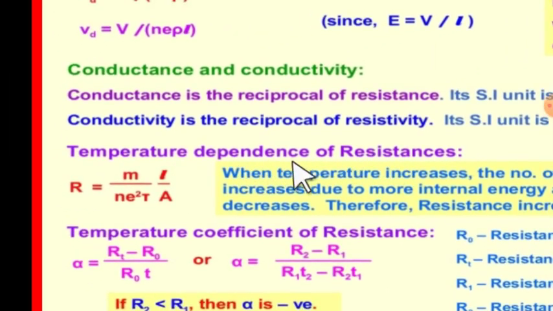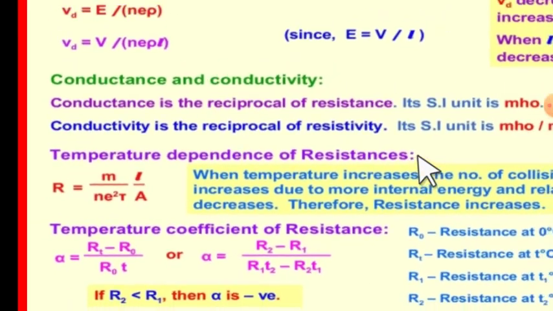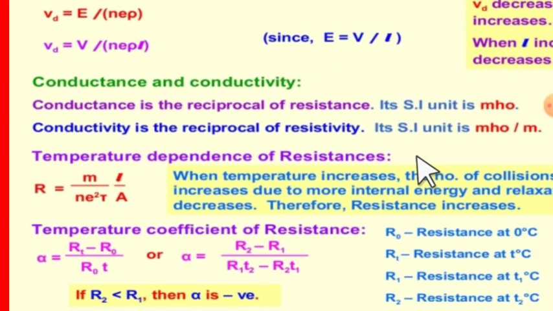And temperature dependence of resistance. We know that resistance depends upon temperature. As temperature increases, what happens? Your resistance also correspondingly increases. Let's try to see what the relation will be. As I told you, when temperature increases, the average relaxation time decreases, because there is an increase in the mobility.